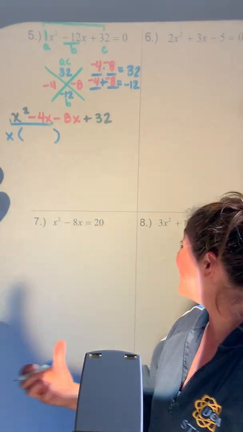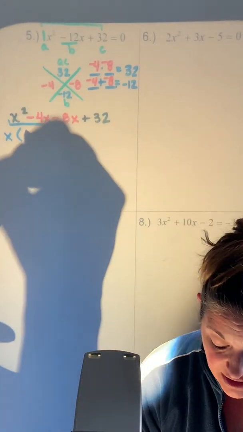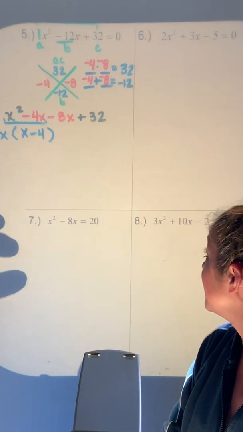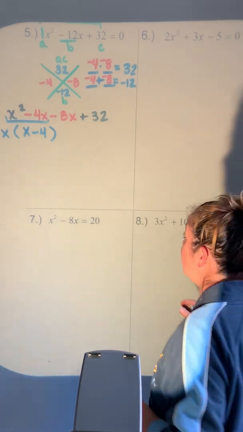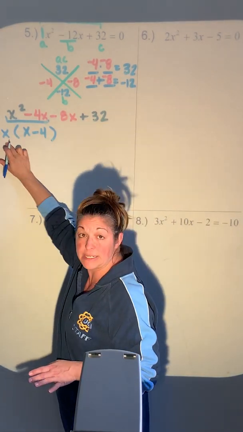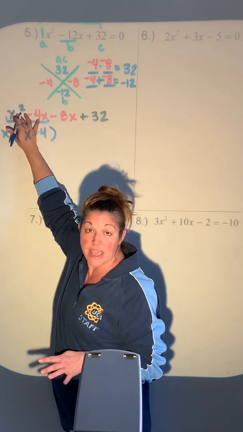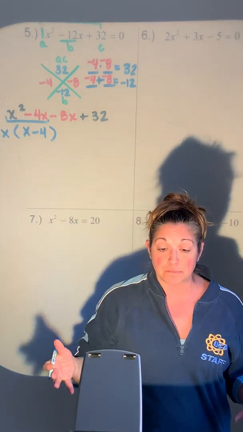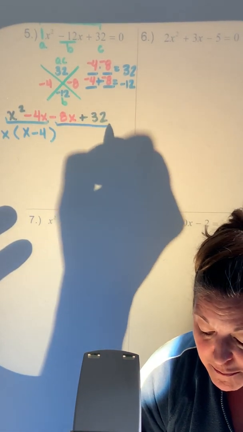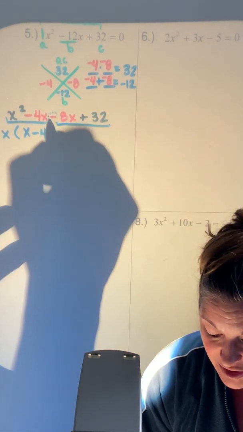And if you divided out that x, that would give us an x minus 4. So basically what we've done here in blue is we figured out what should go in here so that if you distributed it back, it would give you the x squared minus 4x. Now notice over here for this half, you have a minus sign in the middle there.